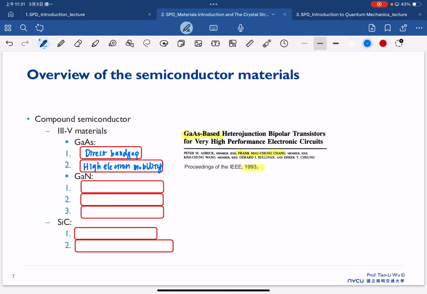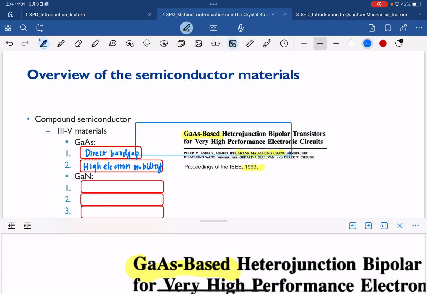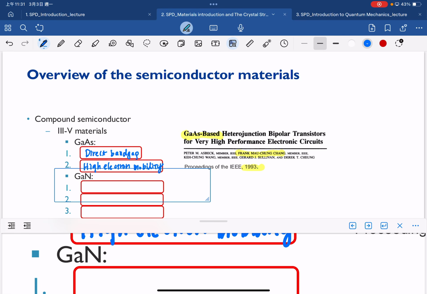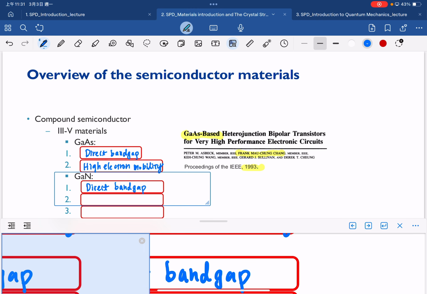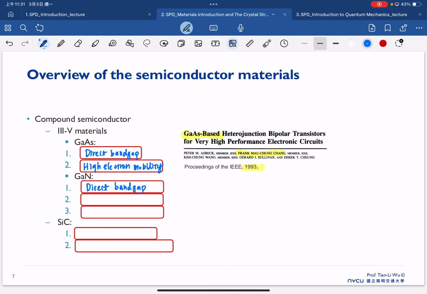Gallium nitride has some special properties. First, gallium nitride is a material that has a direct band gap, which is very suitable for LED applications.